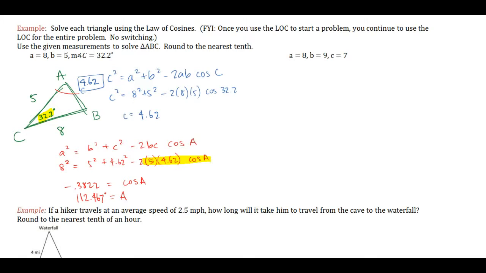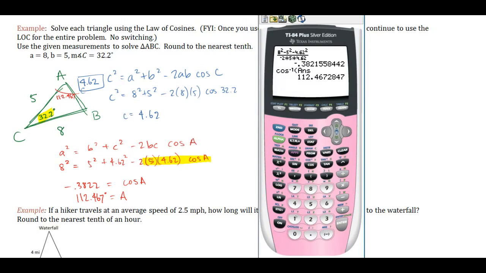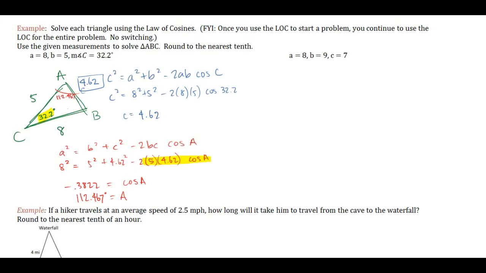I've got angle A, 112.467. Simple adding up to 180 is going to get me the final answer. So 180 minus the answer from above minus 32.2, the other angle, and I get 35.33. And so this is 35.33 degrees.